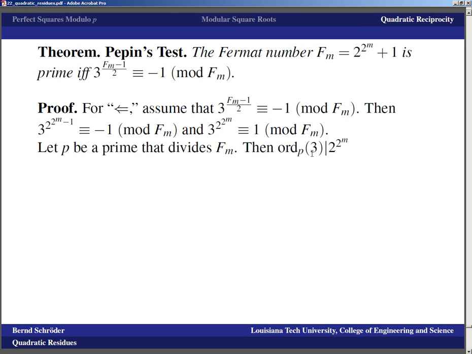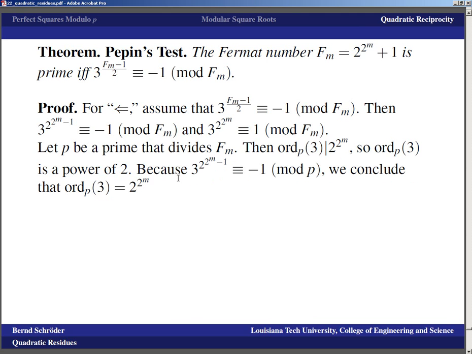Well, then we know that the order of 3 modulo p divides 2 to the 2 to the m, because if this is valid modulo F_m, then it is also valid modulo p. Well, so that means that the order of 3 modulo p is a power of 2, because after all these things, there are no factors other than 2's, and plenty of them.